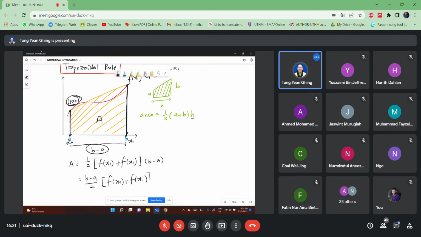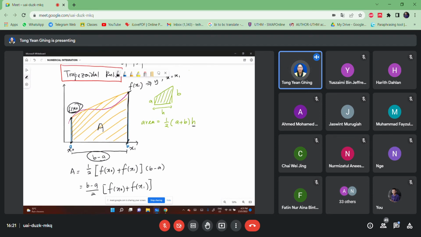But if you look at here, we want to find the area under the curve, and we have already overestimated here, extra. So these two parts can be considered as an error. Here we underestimate, and here we overestimate.